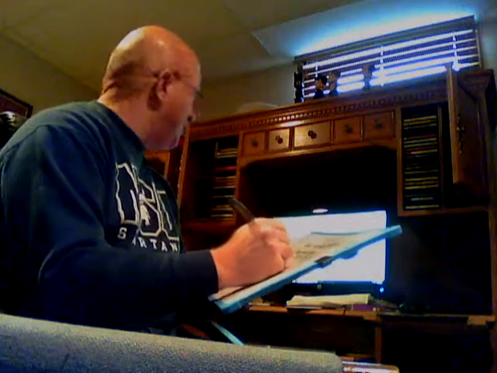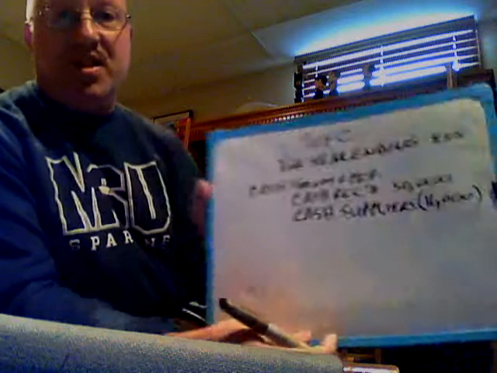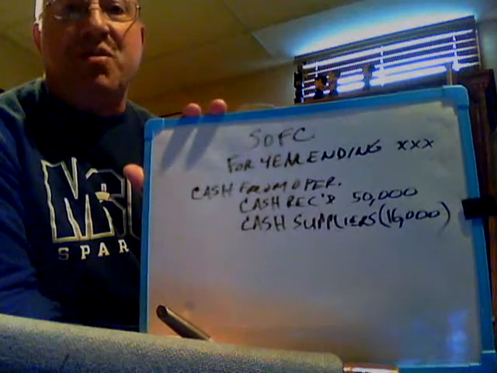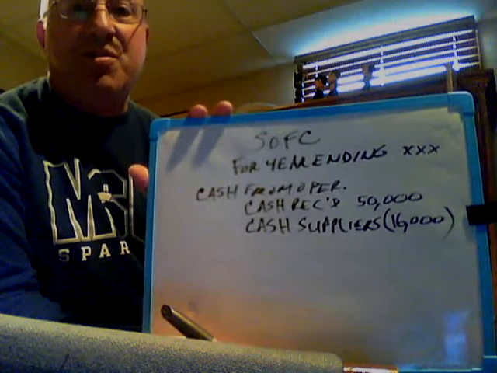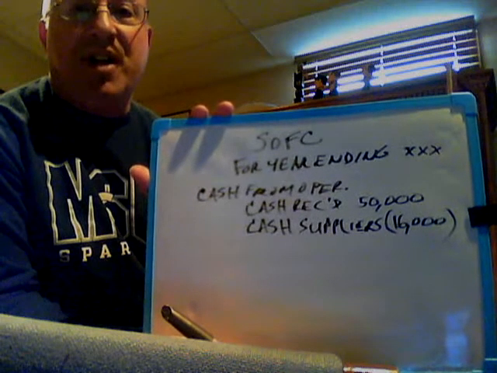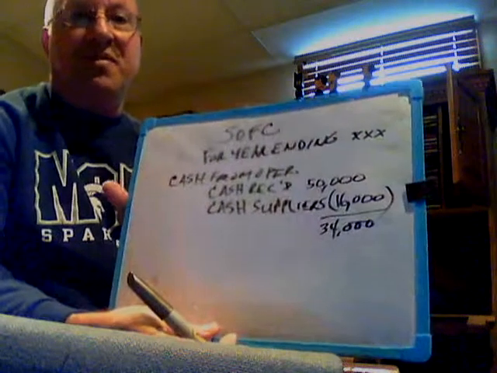Cash paid to suppliers. If we were taking this class in person, it wouldn't be any better, trust me. So cash paid to suppliers is a negative, right? That's cash that went out the door. So that's a minus. So we got 50,000 plus that was received from customers. We got 16,000 that went out the door to suppliers. So the net from operations is 34,000.